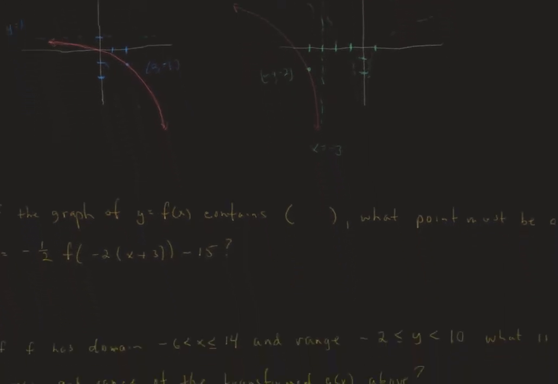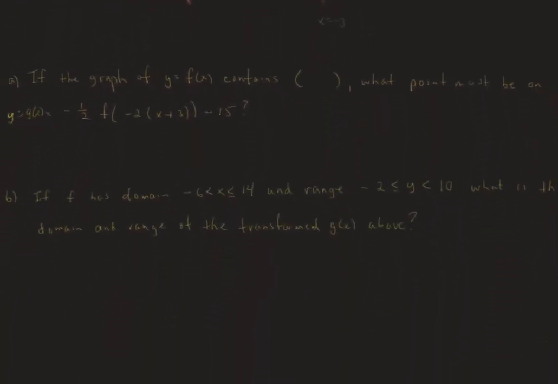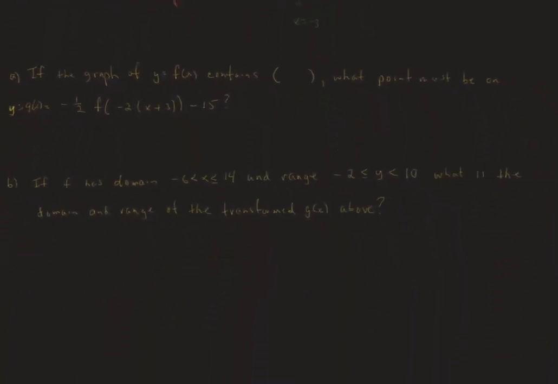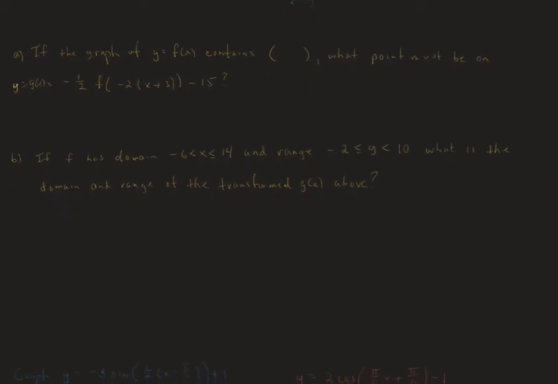Let's slide down here a bit. So if the graph of y equals f of x contains the point negative 6, 2, then what point must be on the curve y equals negative 1/2 f of negative 2 times x plus 3, minus 15? Holy smokes. Now the stuff on the inside has to be equal to that negative 6.